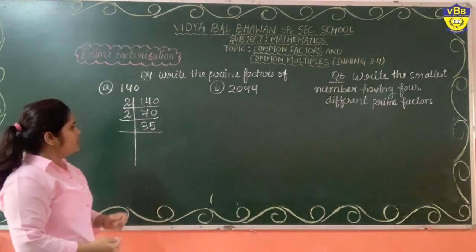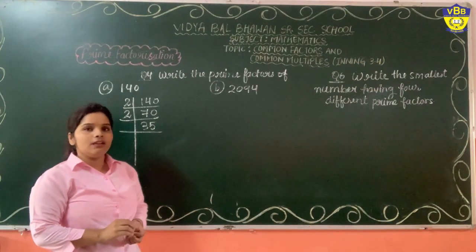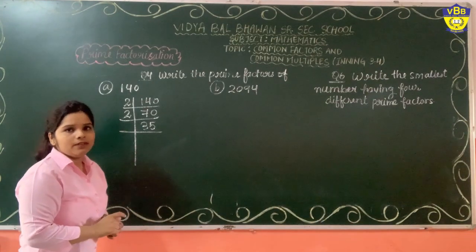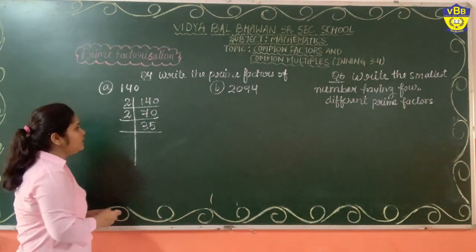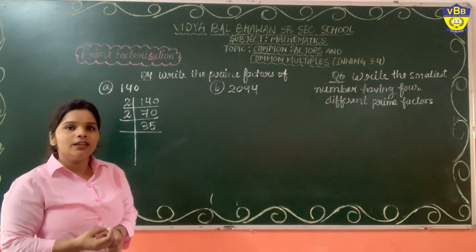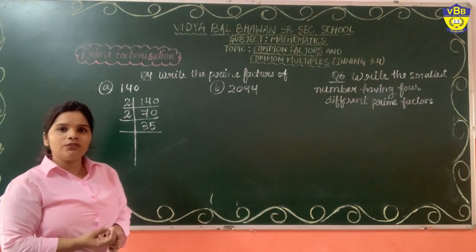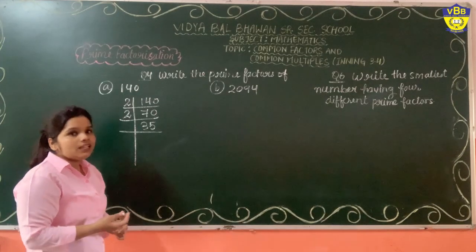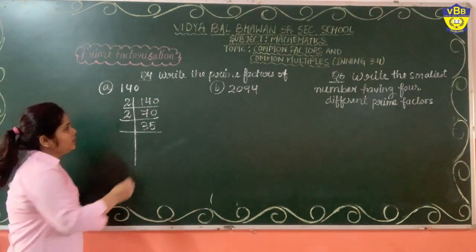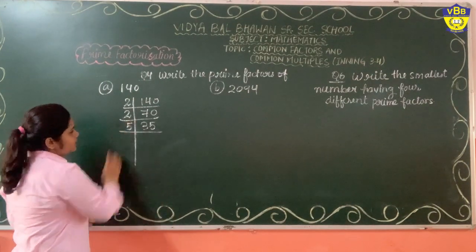After that, start checking again from the smallest prime number. Will 35 be divisible by 2? No, it will not be divisible by 2. Will it be divisible by 3? Does 35 come in the table of 3? No. So the next prime number is 5. Will it be divisible by 5? Yes. So 5 here.